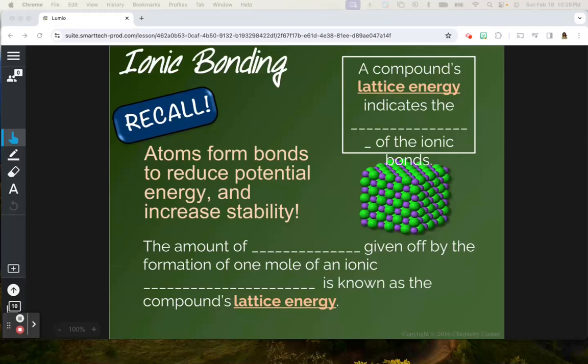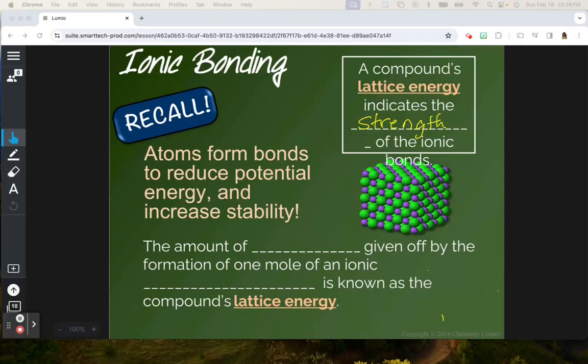From there, we're going to focus on the energy that it takes. A compound's lattice energy indicates the strength of the ionic bond.